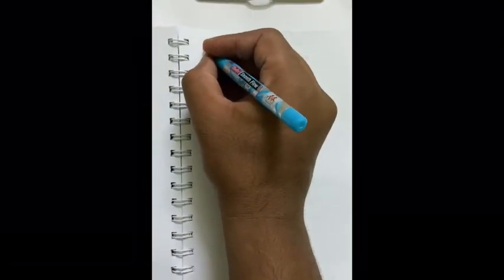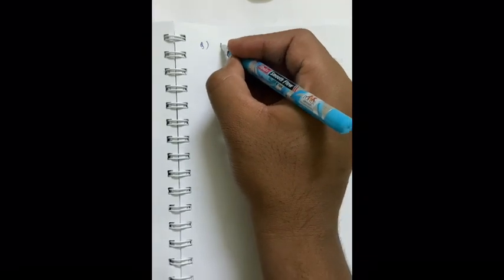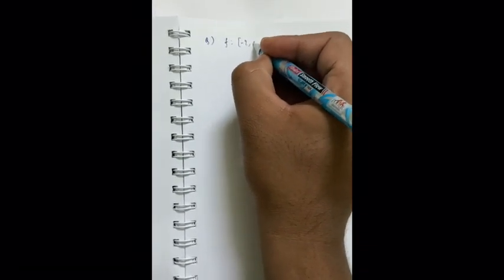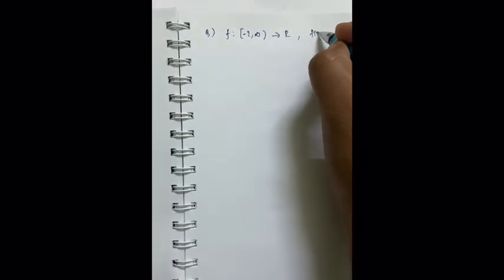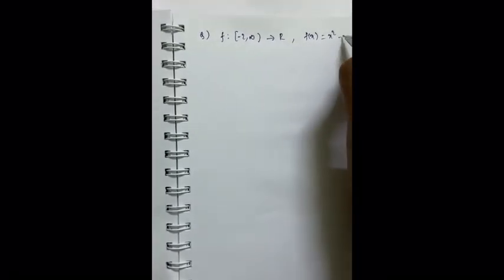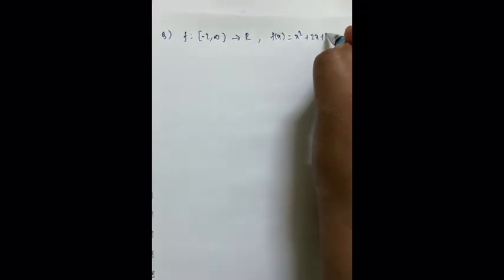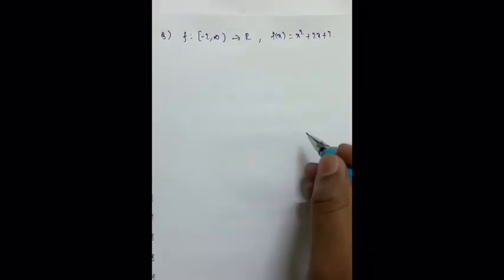Okay, so coming to the next question. f from [-2, infinity) to R, f of x equals x square plus 2x plus 7. Is this function 1 1 or not?